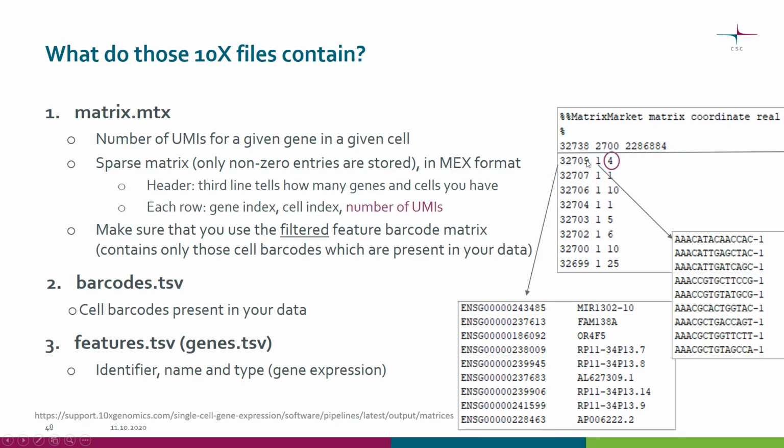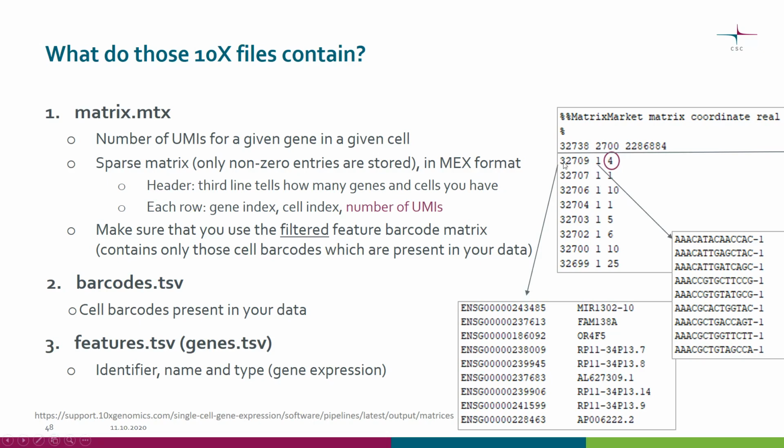In this column, you have the gene index. So we go to the features file and check which entry corresponds to this number. Here in the features file, we have the identifier for a gene, the gene name, and there would also be a type, so a gene expression in our case.